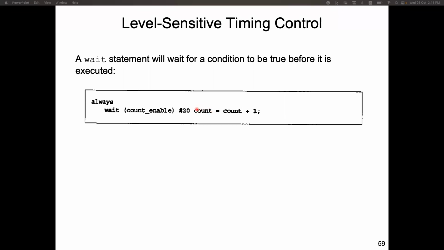It's increased by 1 every 20 units of time. If the count enable stays at high value, then the count will be increased by 1 every 20 units of time. It will be always like a loop, always there.